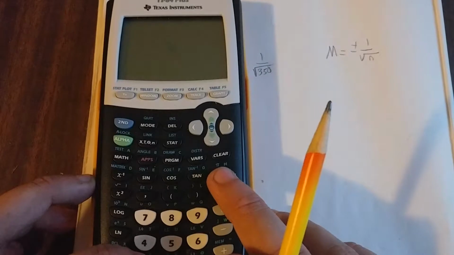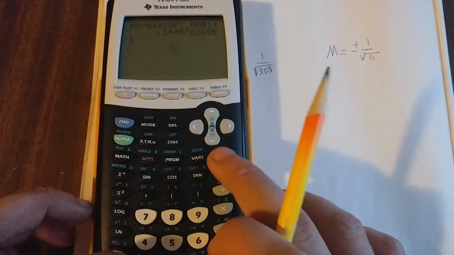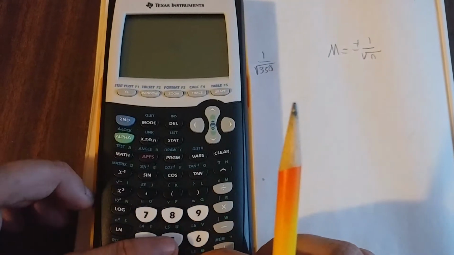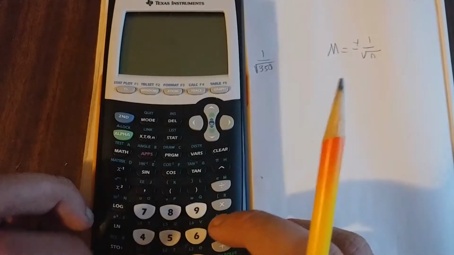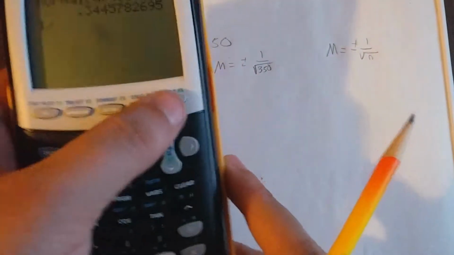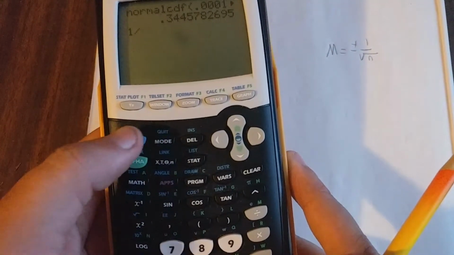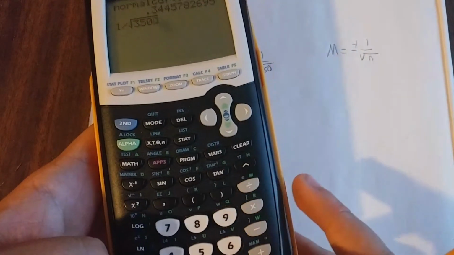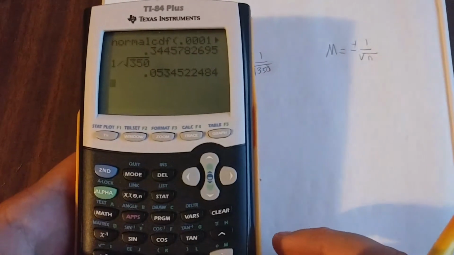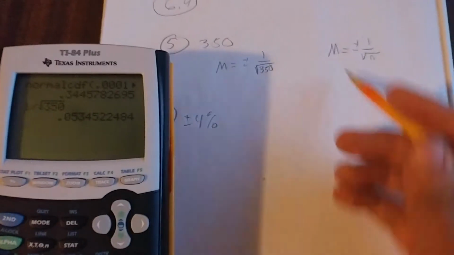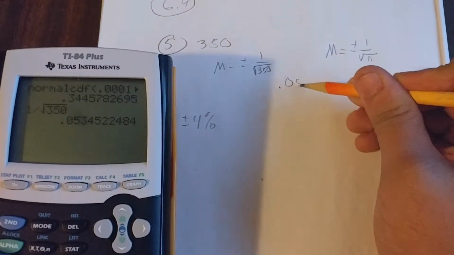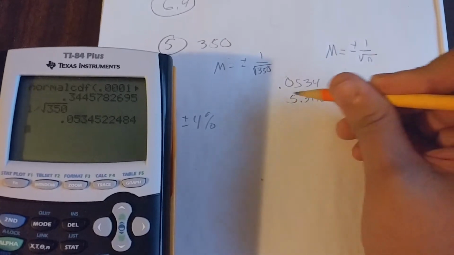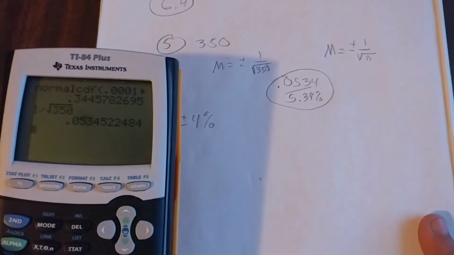So let's do it. 1 divided by the square root of 350. Enter. That is 0.0534, or the same thing as 5.34%. Both are okay answers, okay?